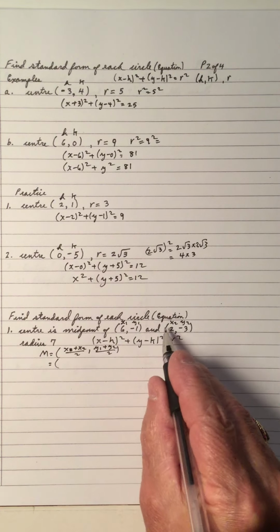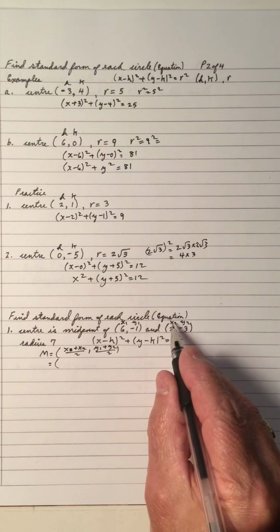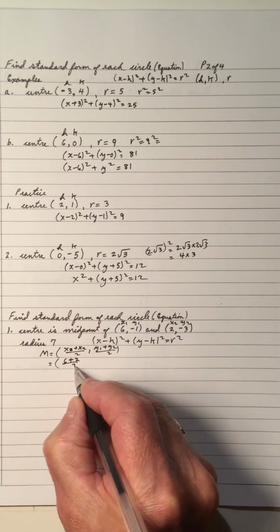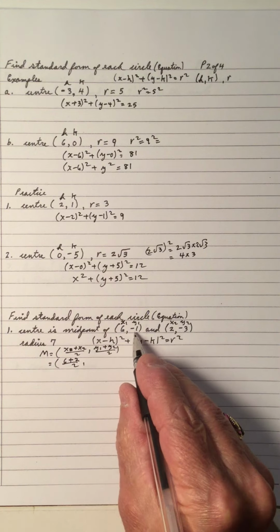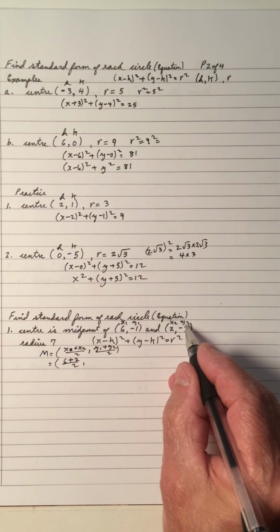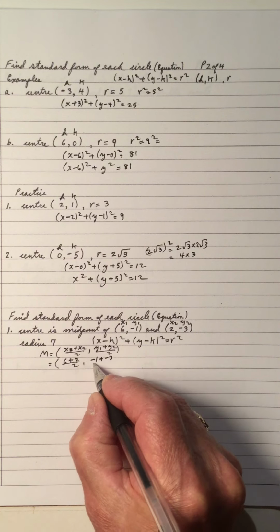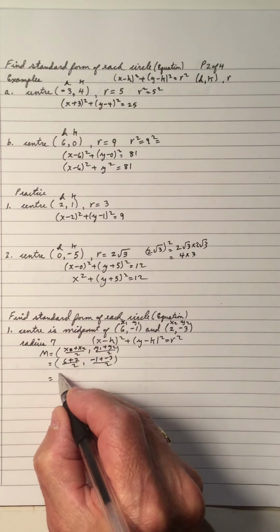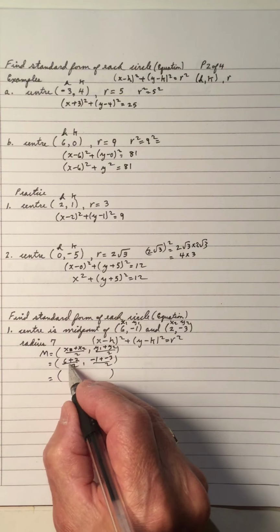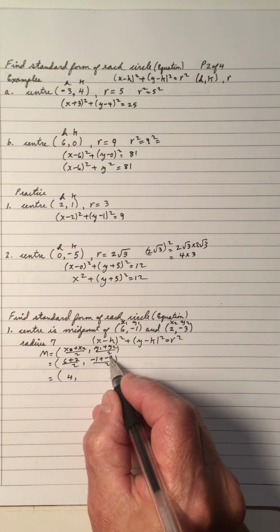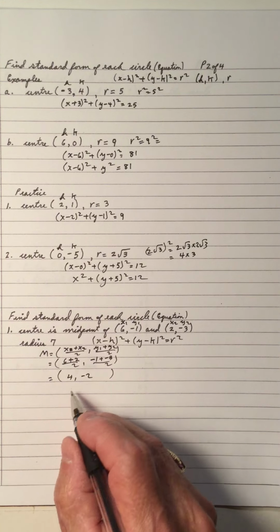So x1 plus x2 is 6 plus 2 over 2, and y1 and y2 is negative 1 add on negative 3 over 2, so that gives us 8 over 2, which is 4, and negative 4 over 2, which is negative 2.